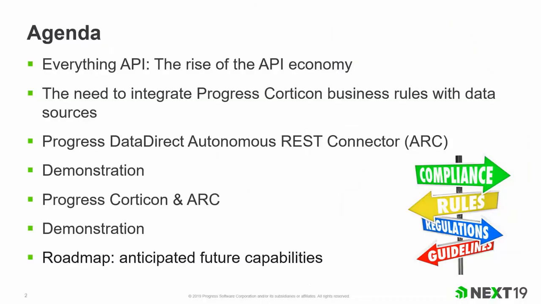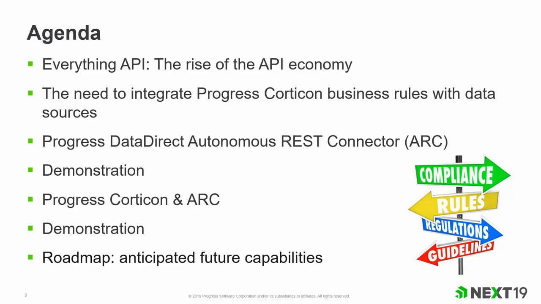Prepared a little agenda for you guys. So first of all, I'd like to talk about why it is important that Corticon actually needs to connect to APIs, right? Why does Corticon need data to make or facilitate decision making in general? We'll also talk about the technical implementation. How did we do it?